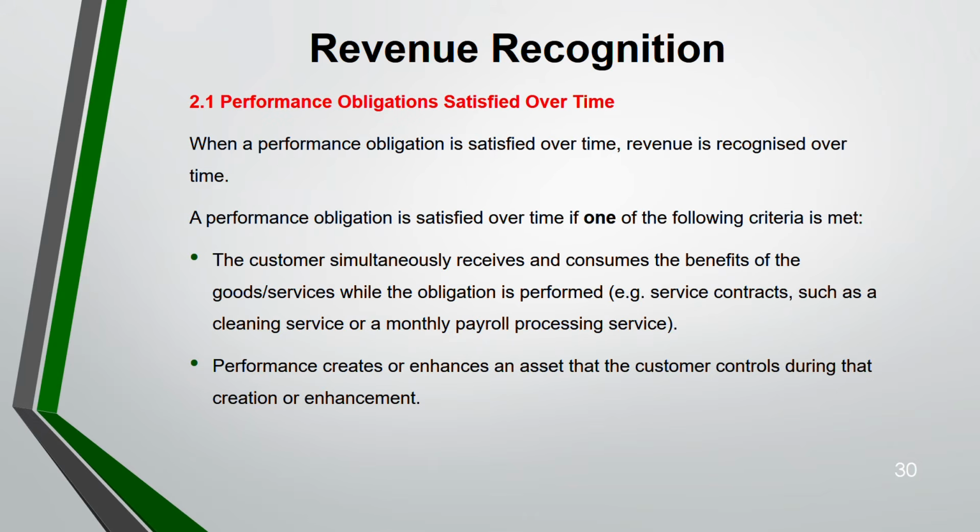For example, when you're building, when you're constructing a building, you are creating it, you are making one floor, two floor, three floor, you're adding like that. Who is controlling it? Customer. The moment you are creating, customer controls it during that time, because at the end control will go to the customer.